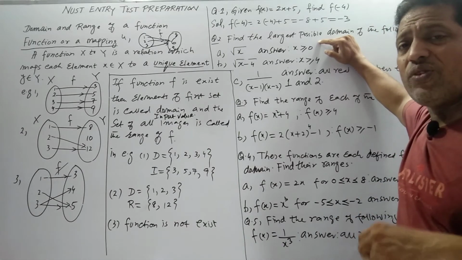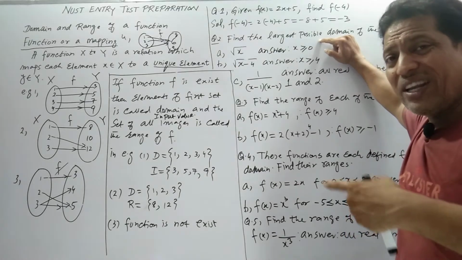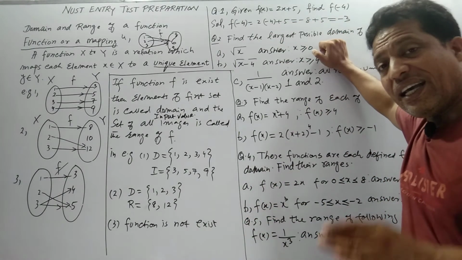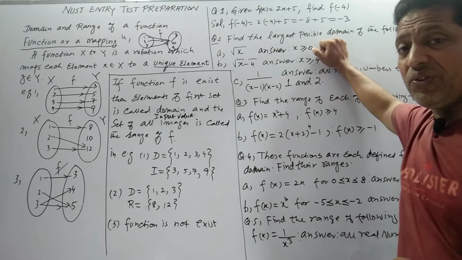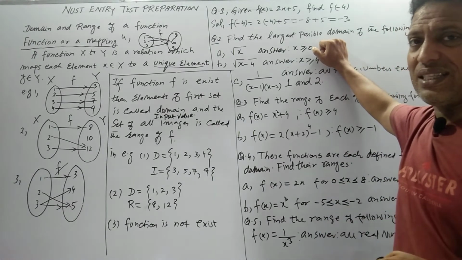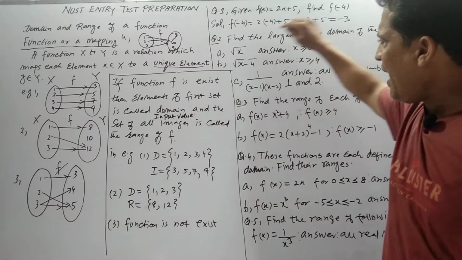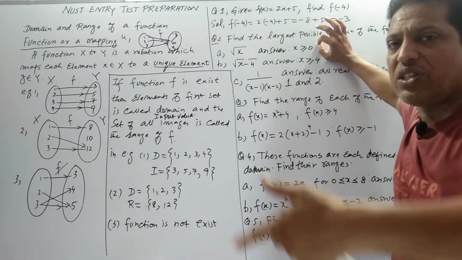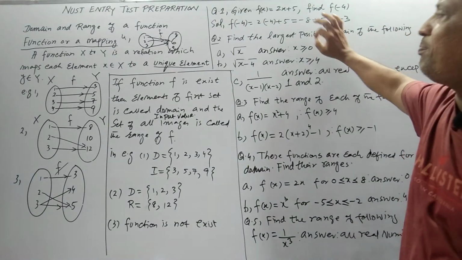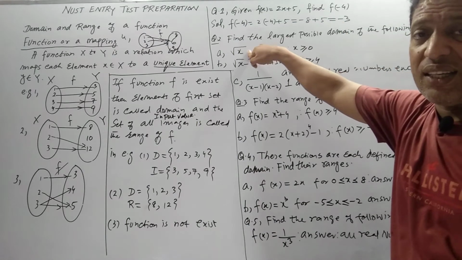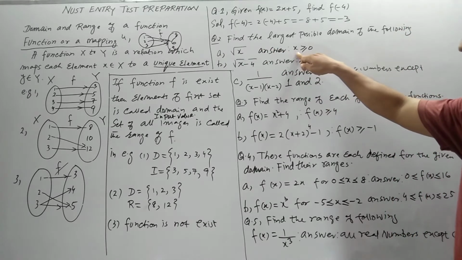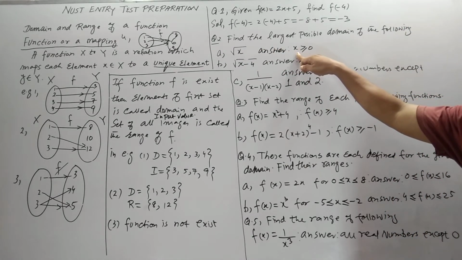Any value which is equal to 0 or greater than 0 is acceptable. Is the answer yes or no? Yes. It can take any value including 0 and above 0. But minus values under the root are not allowed. Therefore, the domain is x greater than or equal to 0.